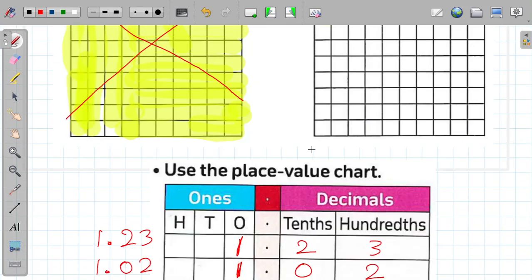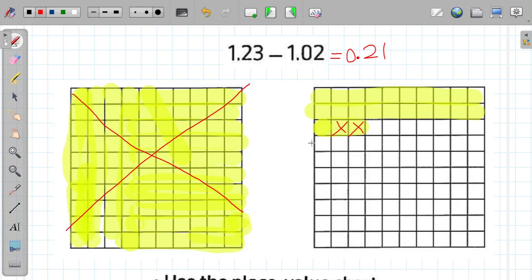Okay, but for the large numbers I will not be able to use the models, so I will use the place value chart or the vertical method.